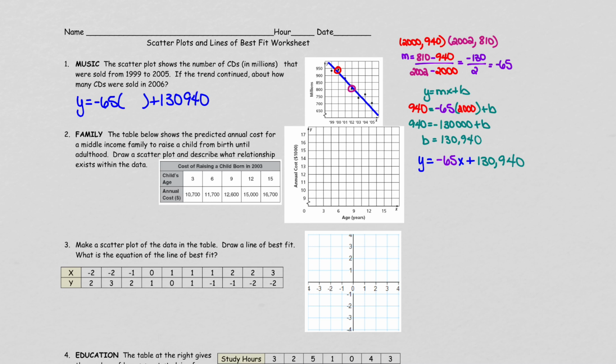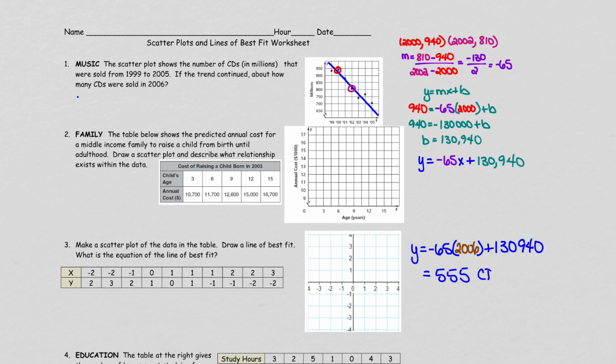So for 2006, multiply and then add, and we get 550 CDs.